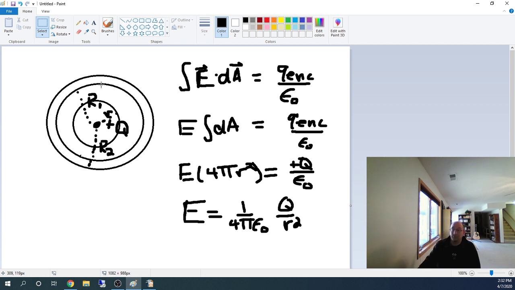So, I know that the electric field inside of an electrical conductor has to be 0. So that means that this E has to be 0 at every point along that surface area.